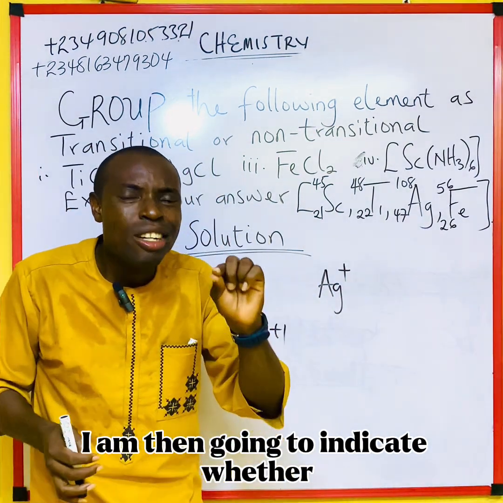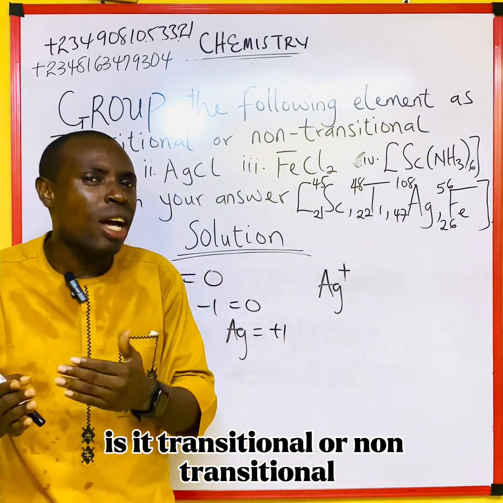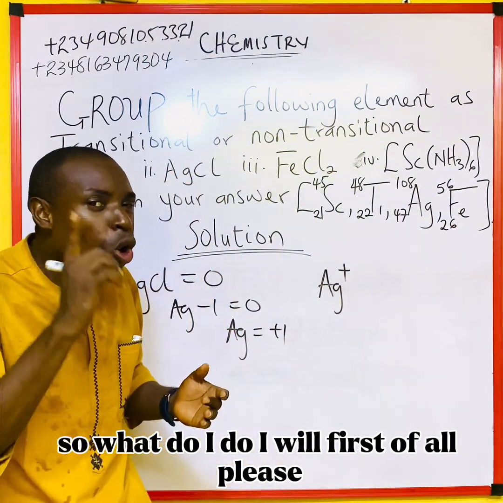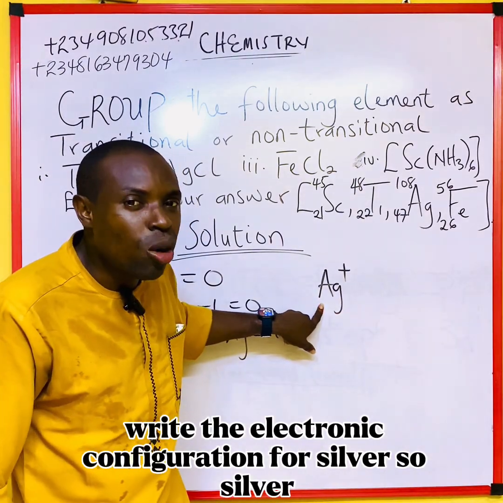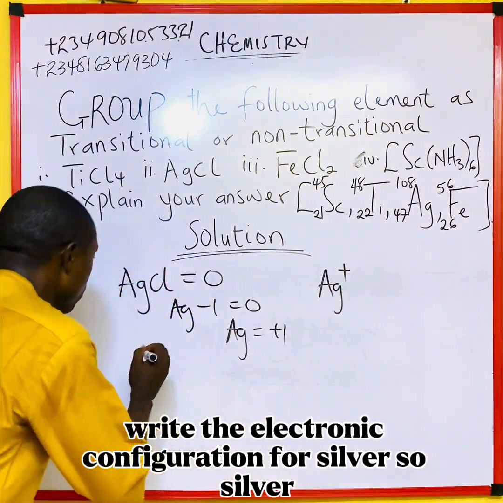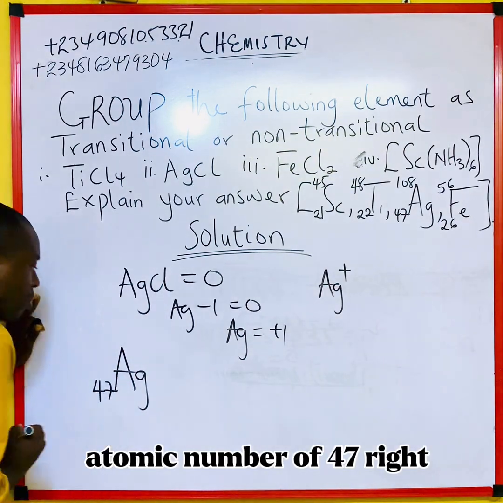I am then going to indicate whether it is transitional or not transitional. So I will first of all write the electronic configuration for silver. Silver has atomic number of 47, right?